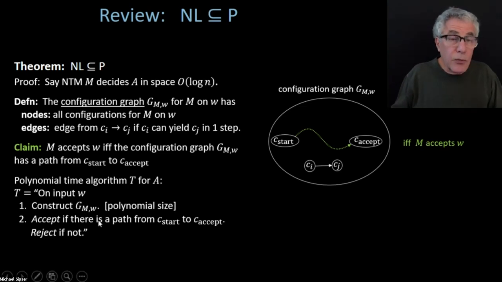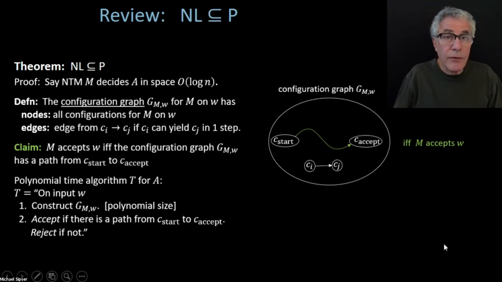If there is such a path, you accept, because that means the machine M accepted. If there was no path, you reject, because then M must not have accepted. And therefore, you have a polynomial time simulation of your non-deterministic log space machine M.